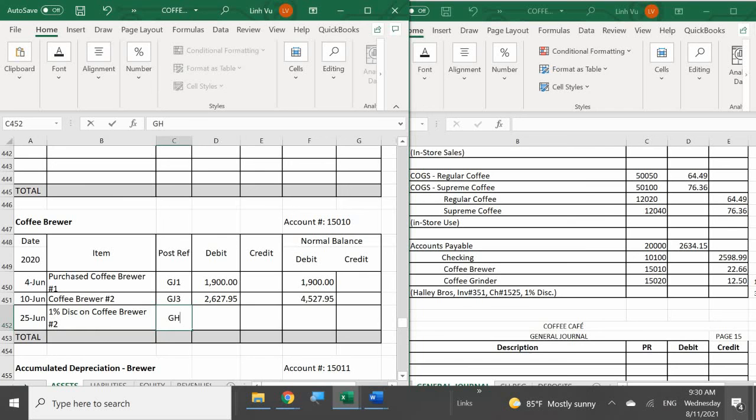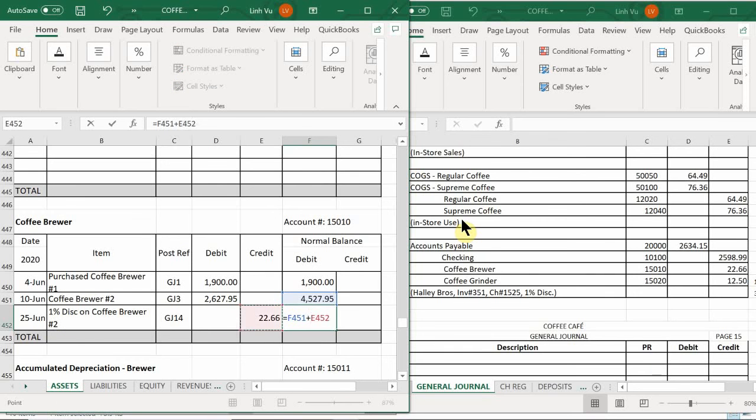Okay, so general journal 14. Our debit, or sorry, a credit was 2266. Okay. So, let's see. I got 4505.29. Good.